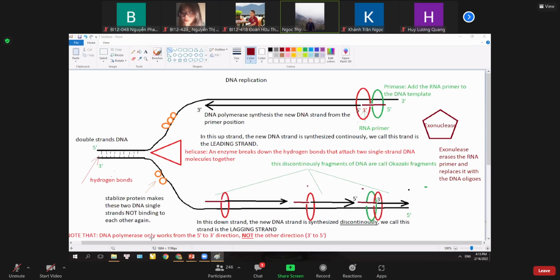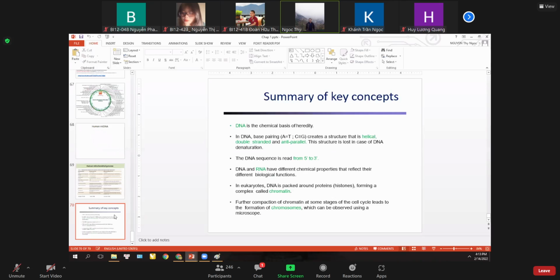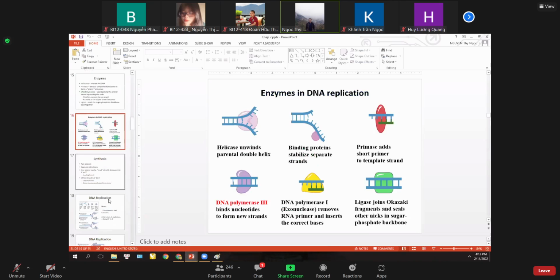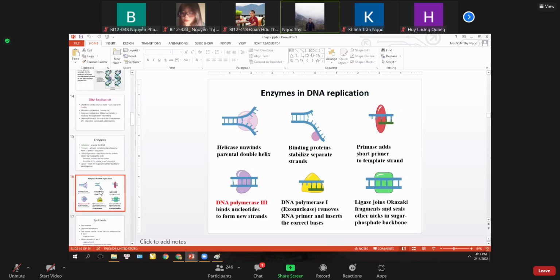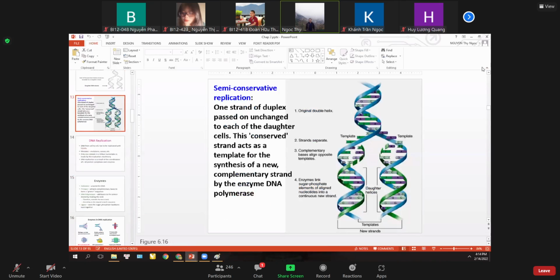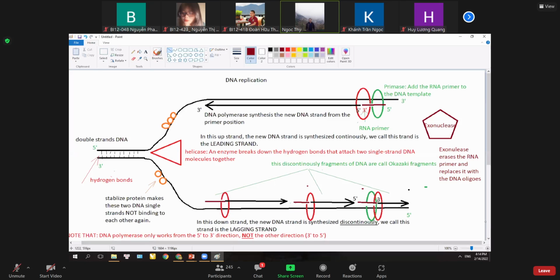The lagging strand is also a consequence of the DNA replication. So as you can see here, after DNA replication, we still have two newly synthesized DNA strands. Okay. And the final one is ligase. Final one, we have ligase.